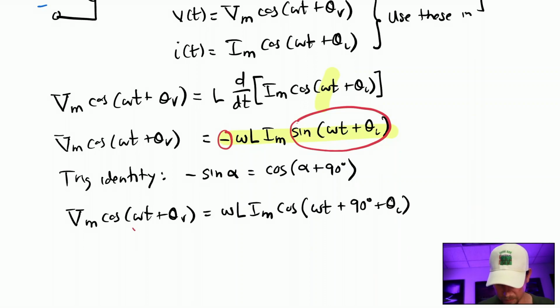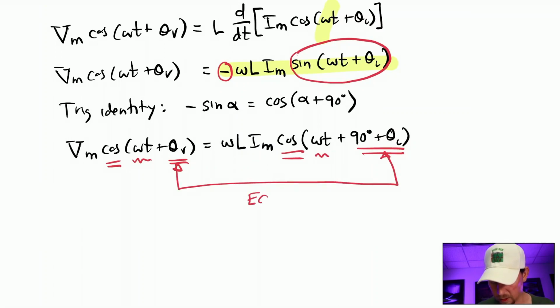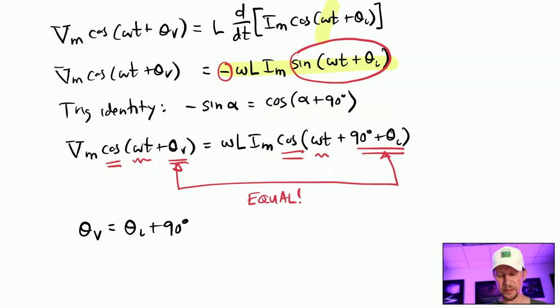Now, in the sinusoid, inside the argument, those two are the same thing. And because this is a cosine on each side, it must be the case that this is absolutely equal to that. So these two are equal. And that's an important property. The property for inductors is such that the voltage phase constant must be equal to the current phase constant plus 90 degrees.